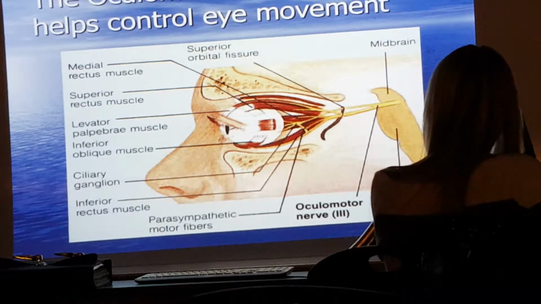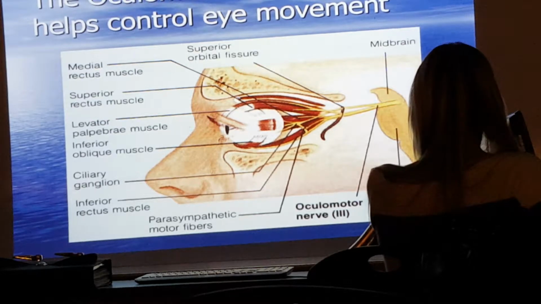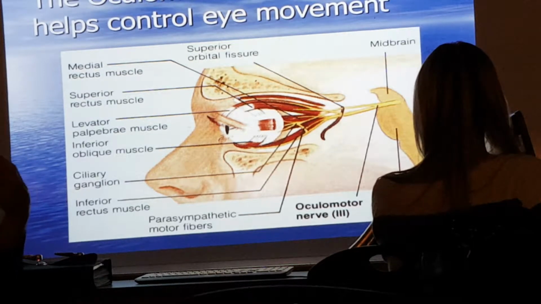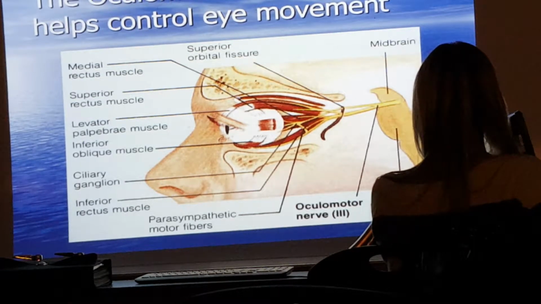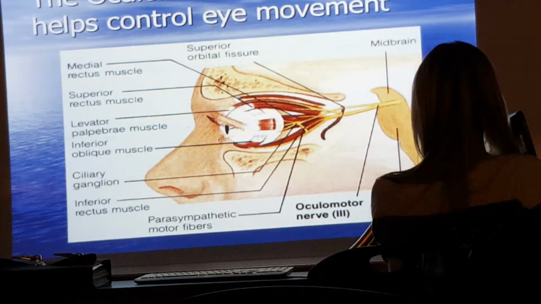So it's involved in moving your eyes inward, which is very important. As an object moves closer to your eyes, your line of focus starts moving inward. And that's automatically controlled. We never know it, by the oculomotor nerve. And moving the eye up and down.